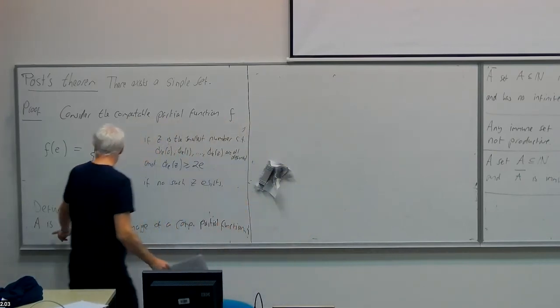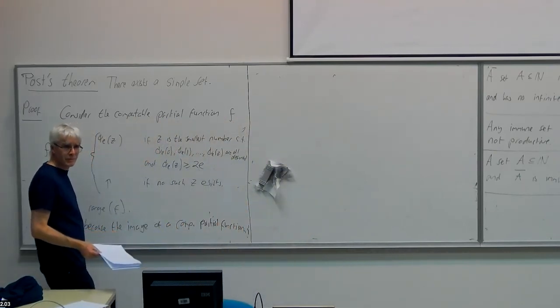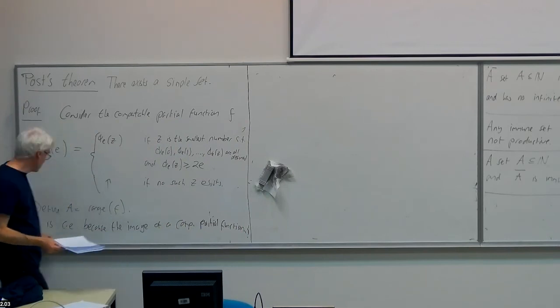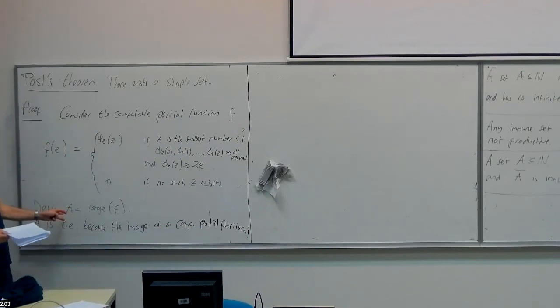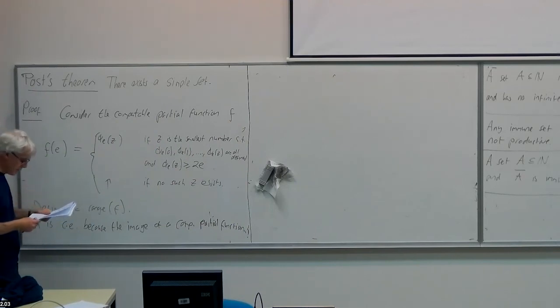So we've seen that A is computably enumerable, so it remains to do the difficult bit, which is to show that A is simple. That is, the complement of A is an immune set.